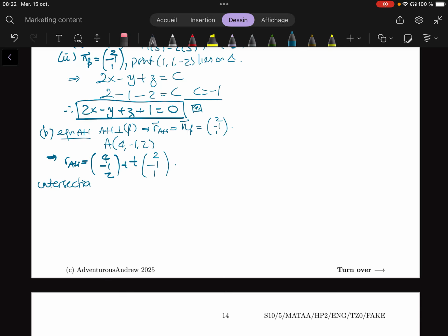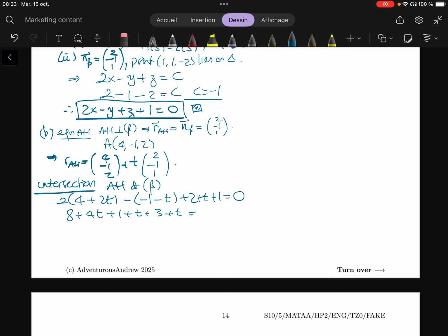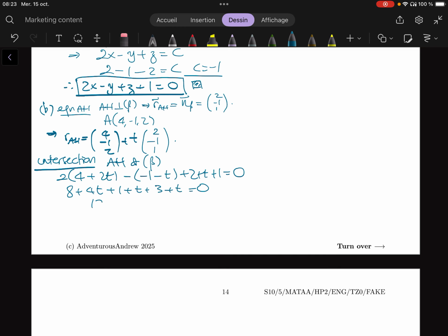Now we want to find the intersection between the plane and the line. 2 times (4 plus 2t) minus (-1 minus t) plus (2 plus t) plus 1 is equal to 0. And from here, you can deduce the coordinates of H.